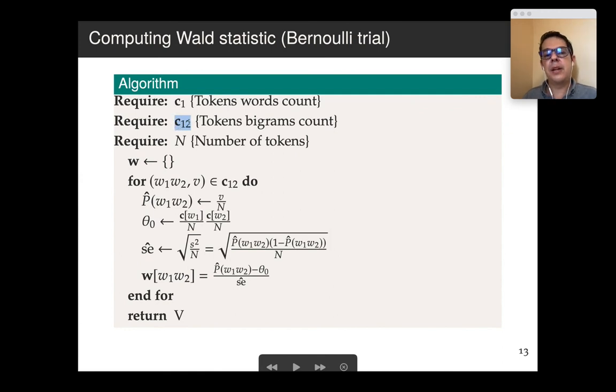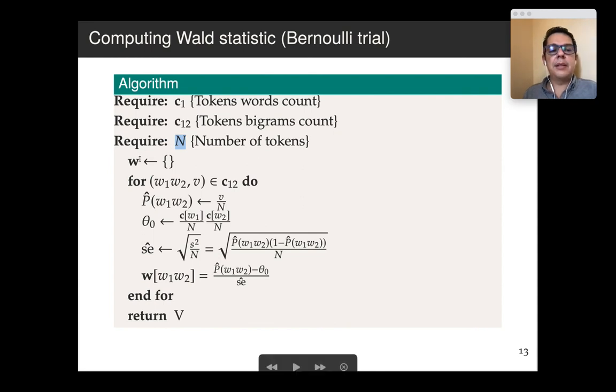So this dictionary C1,2 has the bigrams as the key, and the value is the number of times that bigram has been seen in the corpus. And we compute the number of tokens, which is N, the number of tokens that the corpus has.